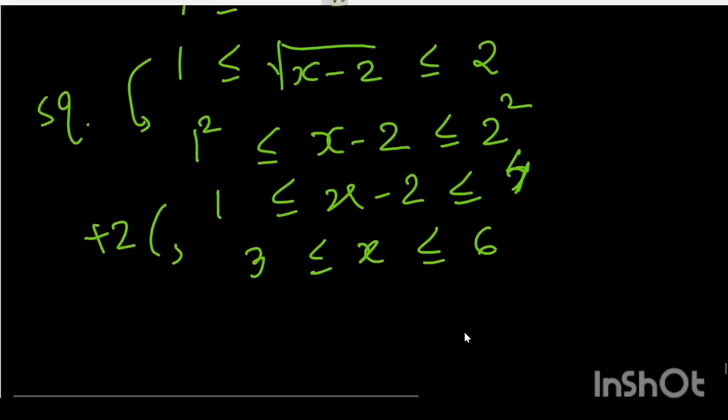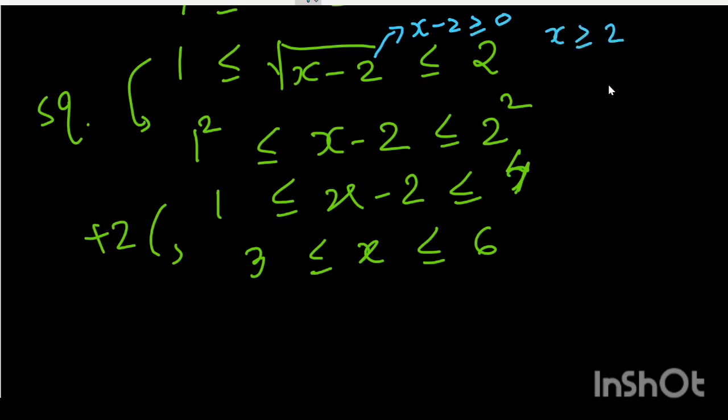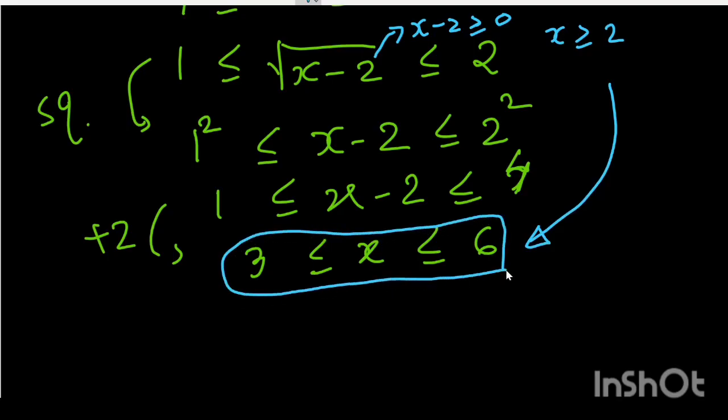So 3 to 6 is the answer, guys. Okay, and while writing this as root x minus 2, we inherently supposed that this should be positive. X minus 2 should be greater than equal to 0. That is the domain constraint. X greater than equal to 2 is already satisfied by this answer. So this is what we can take as our final answer, 3 to 6.